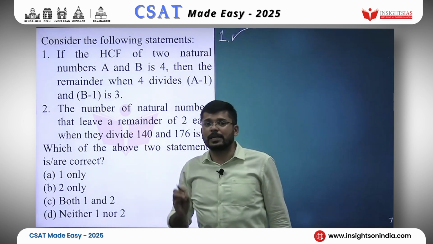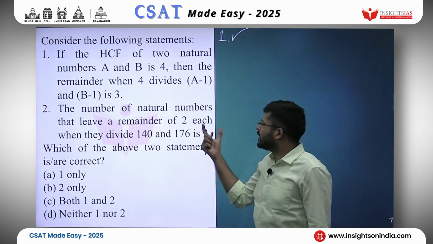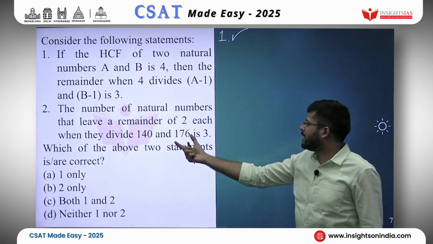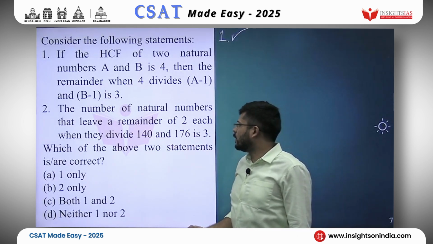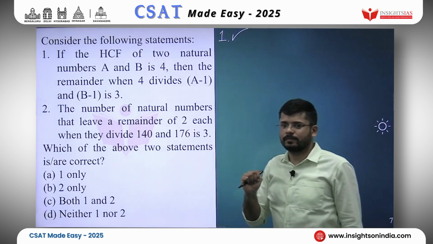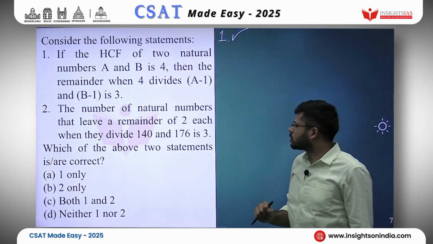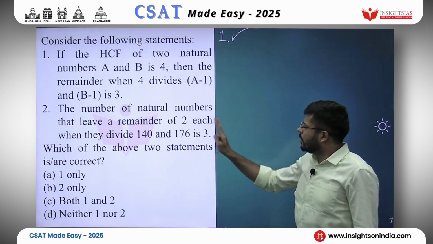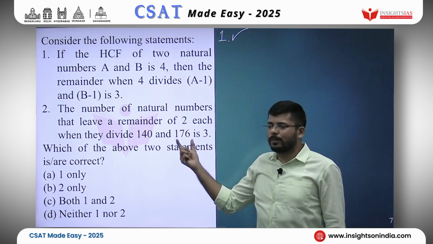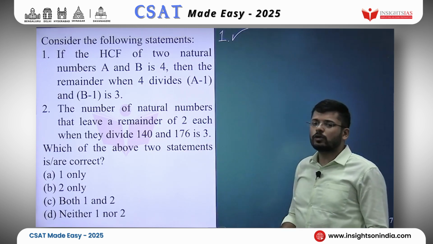Now we will check statement 2. The number of natural numbers that leave a remainder of 2 each when they divide 140 and 176 is 3. Now we learnt how to solve this in the previous problem. How do we solve it?